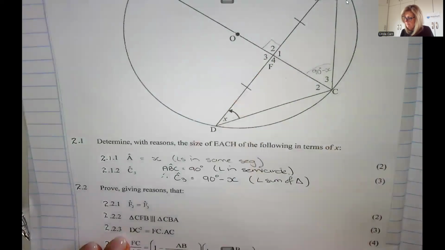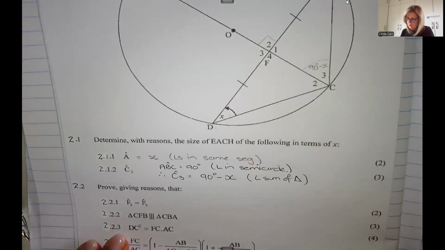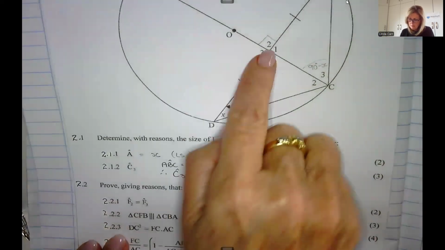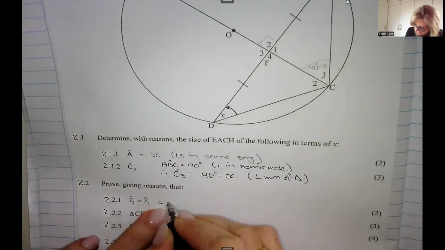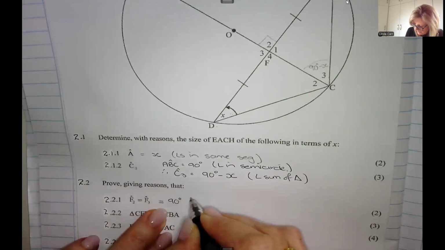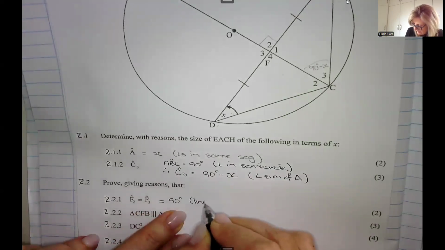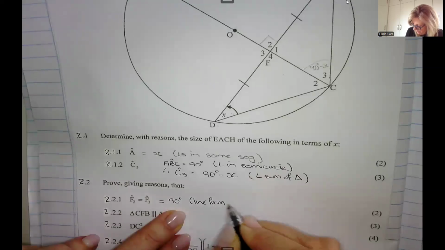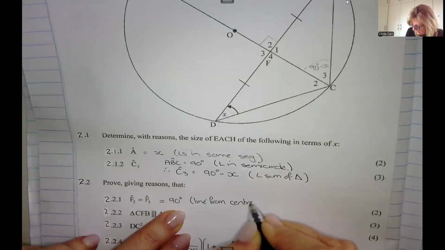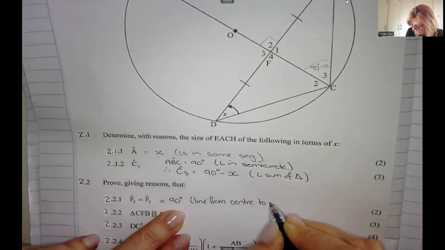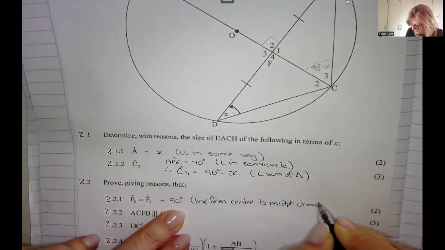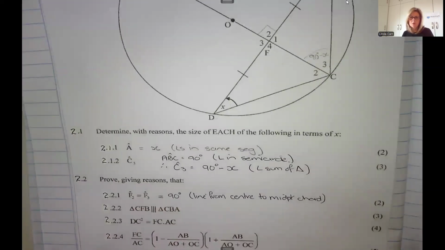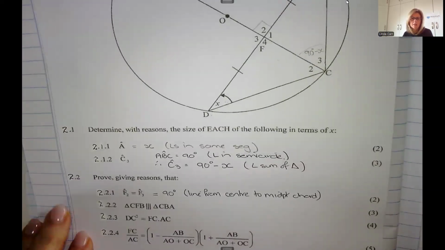Well, that's going to be very straightforward now because we've got the line from center to midpoint of chord. So I'm just going to say F2 is equal to F3 is equal to 90 degrees, line from center to midpoint chord. That one's sorted. 2 marks in the bag.